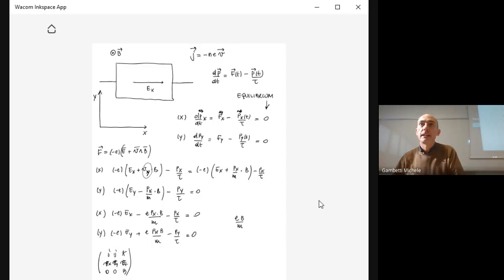So eB divided by m is also called the cyclotron frequency, to resemble the fact that it is the value that corresponds to the frequency of the orbital motion of the electron when you apply an external field equal to B. So due to that, in these two equations, the term eB divided by m can be written as omega c.